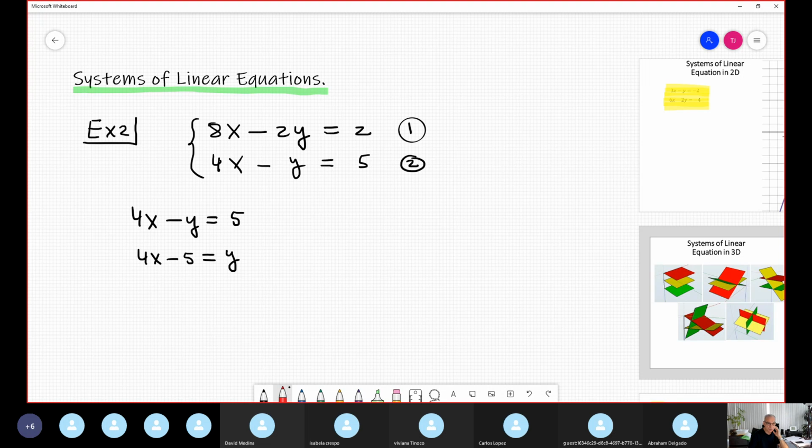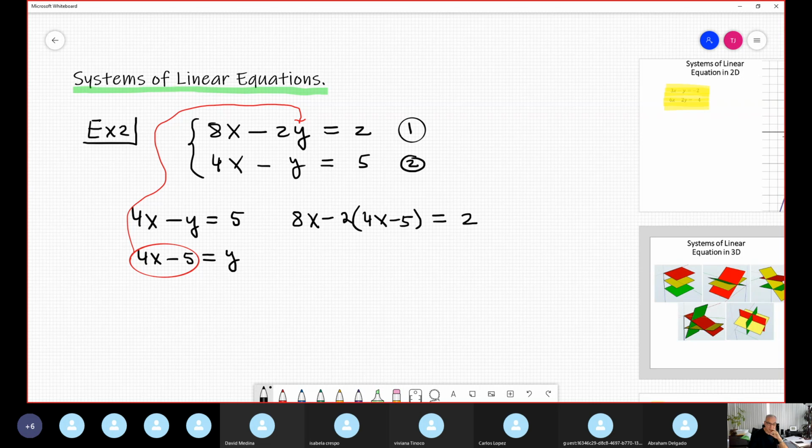Now that expression, substitute it in the other equation, where the y is. Here. Like so. Therefore, we have 4x minus 2 times something. Of course, I put a parenthesis because this is a binomial, 2 terms: 4x minus 5, equal to.